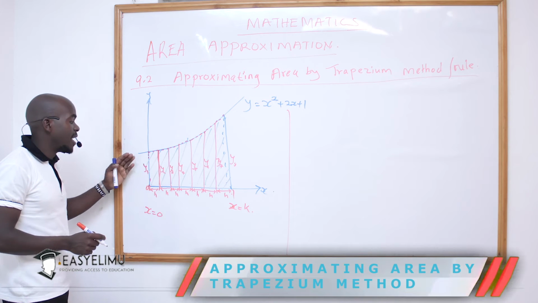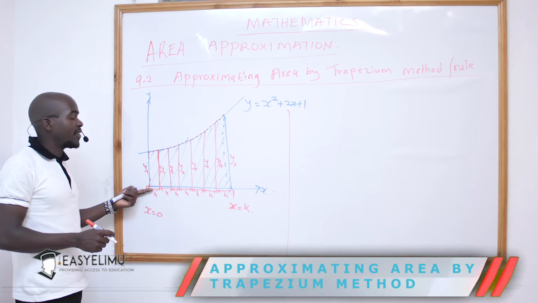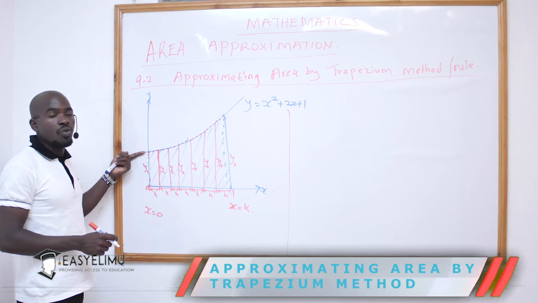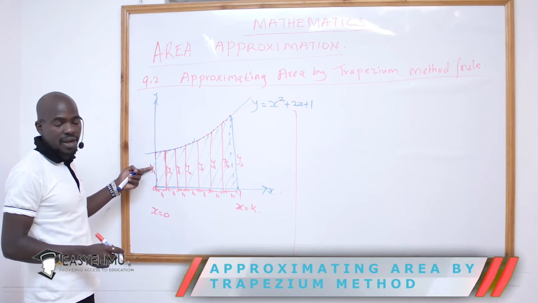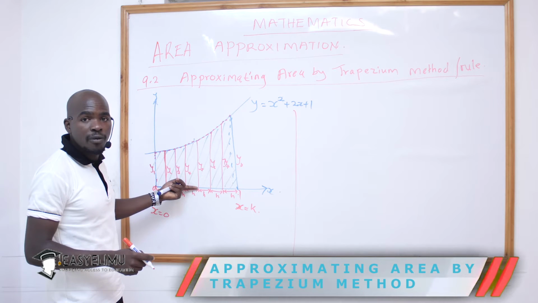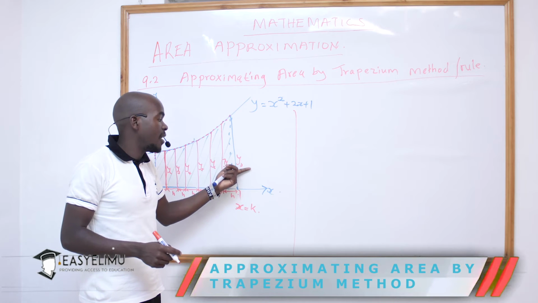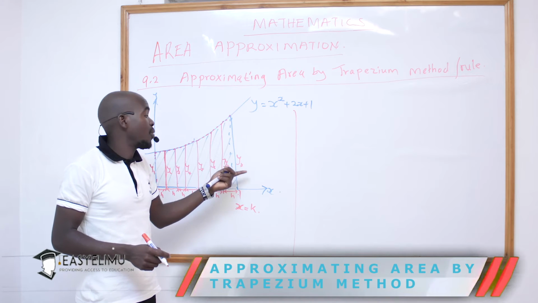For our instance here, the distance from the x-axis to the curve with regard to y, we will find the first one y1, the second y2, third y3, fourth, fifth, up to seventh, up to the last one, which is the 8th for our case, y8.